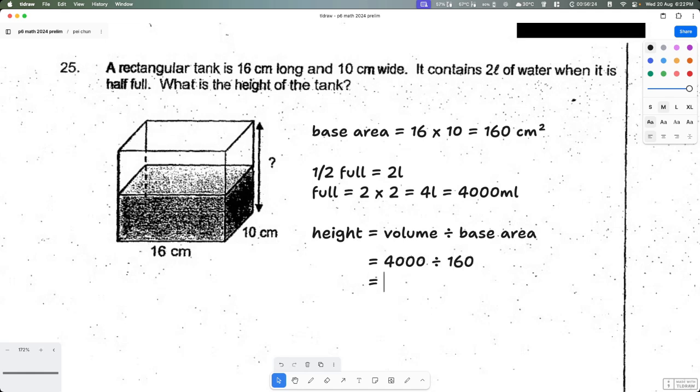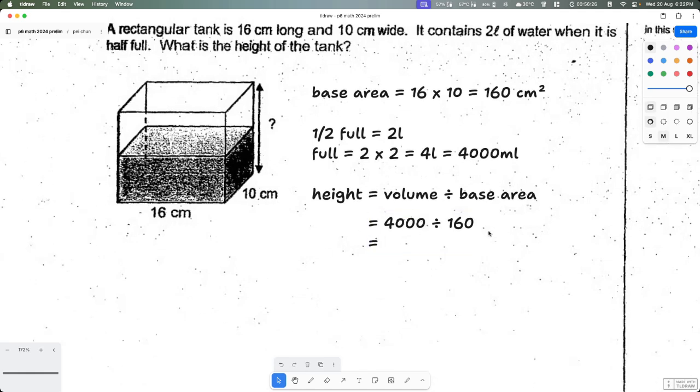Okay, let's see what this will give us. So let's cancel this, let's cancel this, and then let's have 400 divided by 16. Okay, let's do this so it's easier.